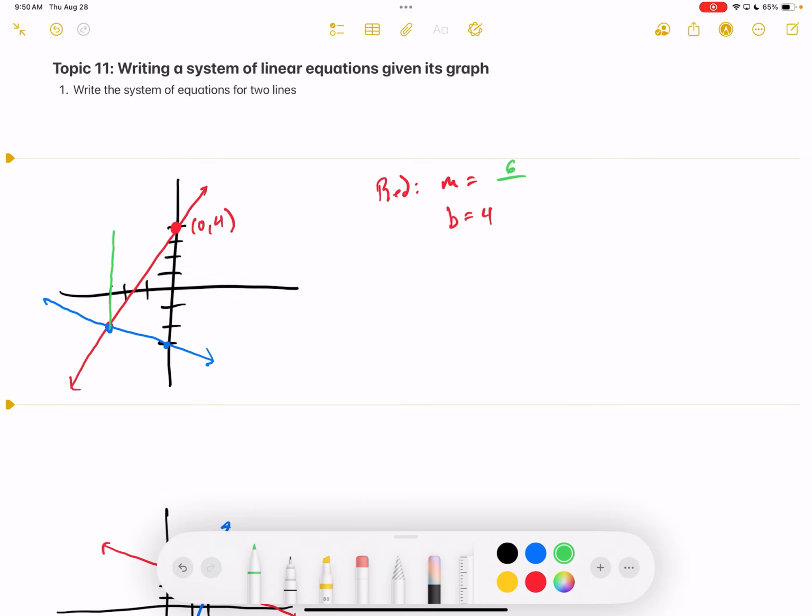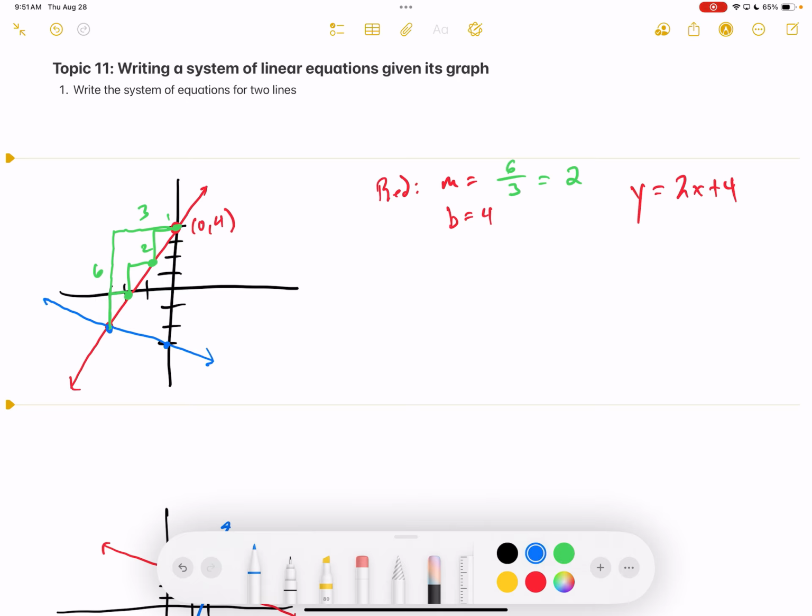So it's 6 over 1, 2, 3. 6 over 3 is 2 over 1 or 2. So my red line is y equals 2x plus 4. So 6 over 3, again, what that means, I could have went up 2 to the right 1. I know my drawing's not perfect, but 2 to the right 1. It's the same thing as 6 over 3.